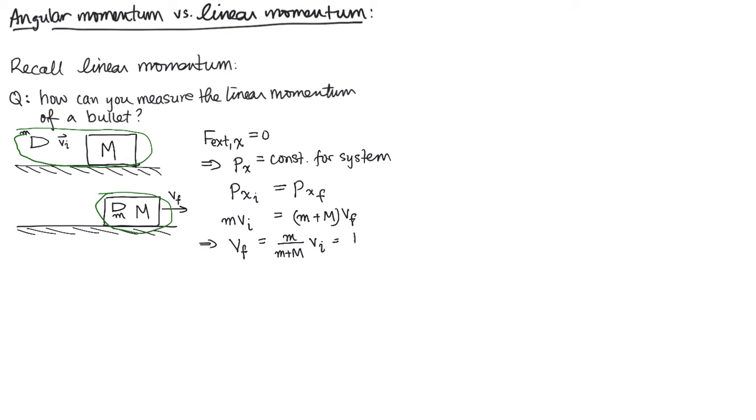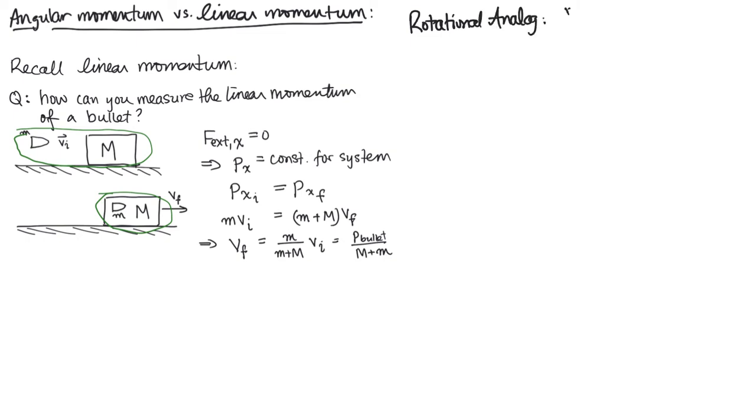And that's related to the bullet's momentum divided by the sum of the masses. Okay, so once you've determined the velocity of the bullet, you can weigh the bullet and determine the momentum of the bullet coming out of the gun. So in this case, the final speed of the system after a collision is a measure of the initial momentum of the bullet. So let's think about a rotational analog of this.